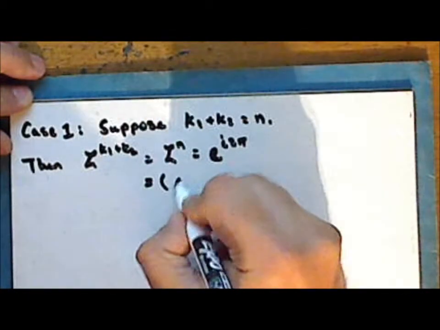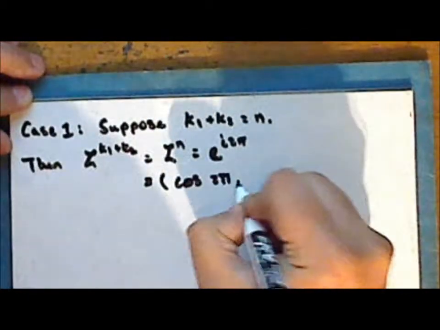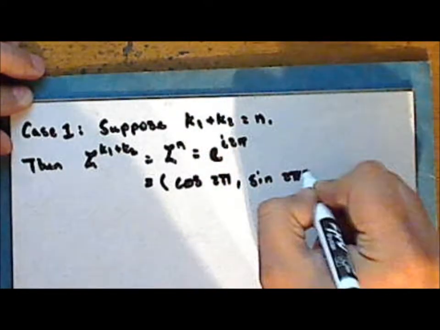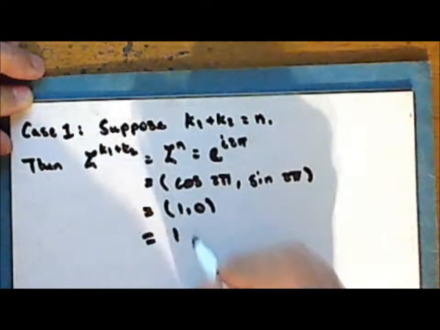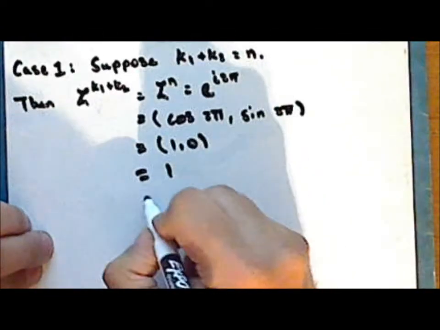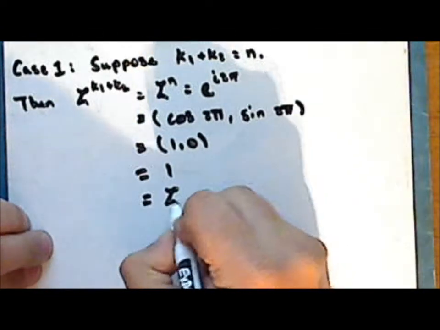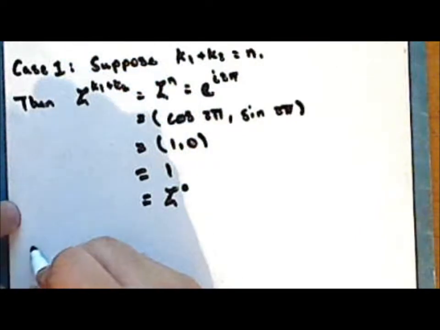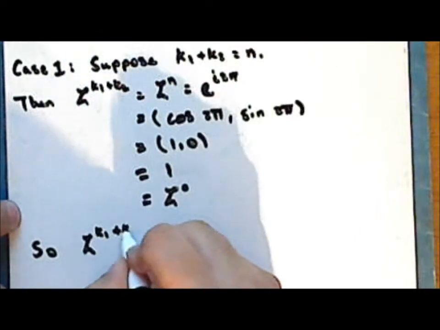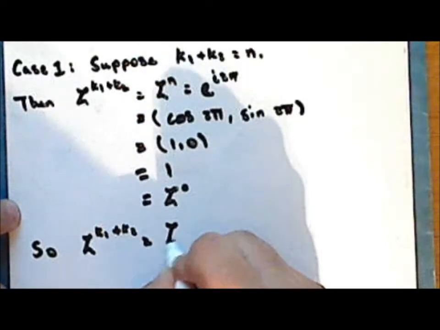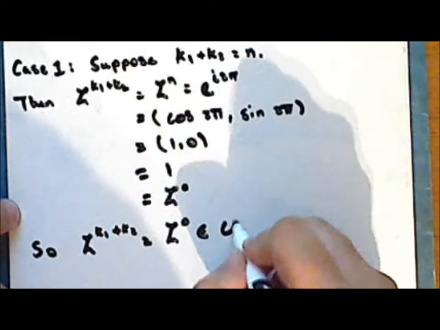This is the ordered pair cosine 2 pi, sine 2 pi, which is the ordered pair 1, 0, which is the real number 1, which we can also express as zeta to the power of 0. And so zeta to the power of k1 plus k2 is equal to zeta to the power of 0, which is an element in the set u sub n.